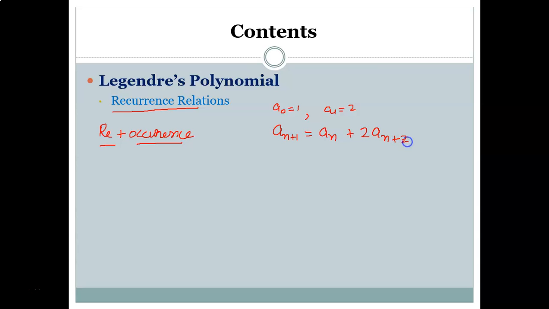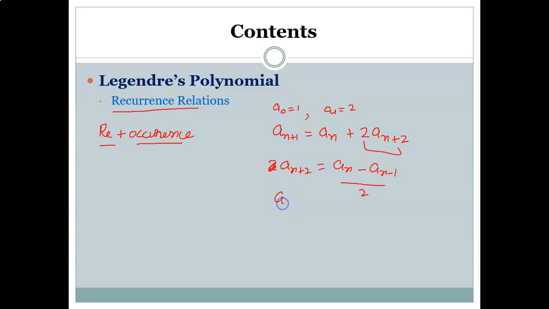Now we can get the values of the further terms from here. Suppose I want to find the value of a2, then how can I get it? First of all, you take it on this side: 2a(n+2) is equal to a(n) minus a(n+1).